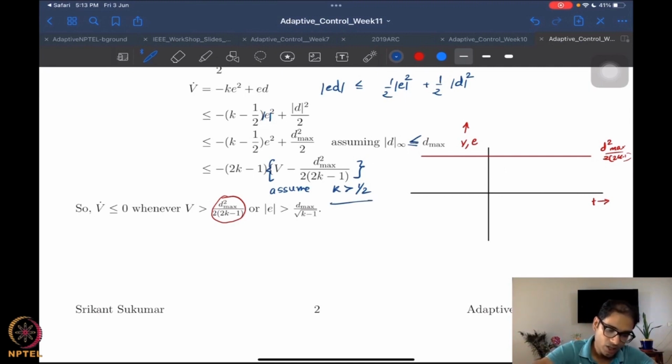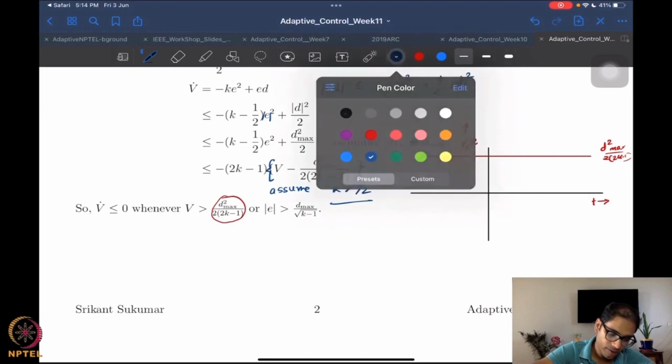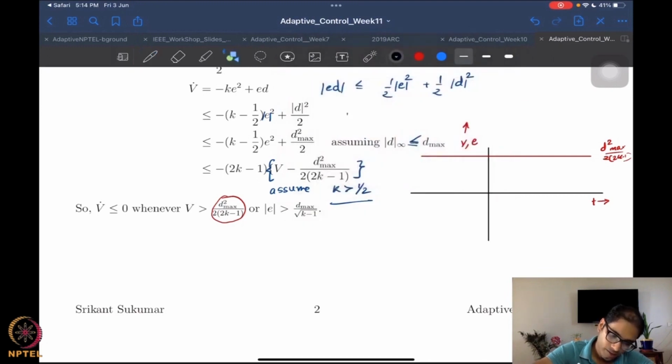Then what's the nature of this plot? Whenever V is larger than this, V is actually a decreasing function. Suppose V starts beyond this guy.